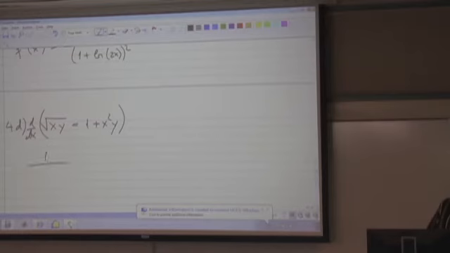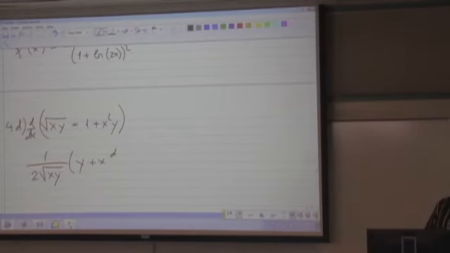So 1 over 2 times the square root of xy times... What should we observe now? What's underneath the square root? X times y, which means we're looking at a product rule. So it will be just y plus x dy dx equals 2xy plus x squared dy dx.